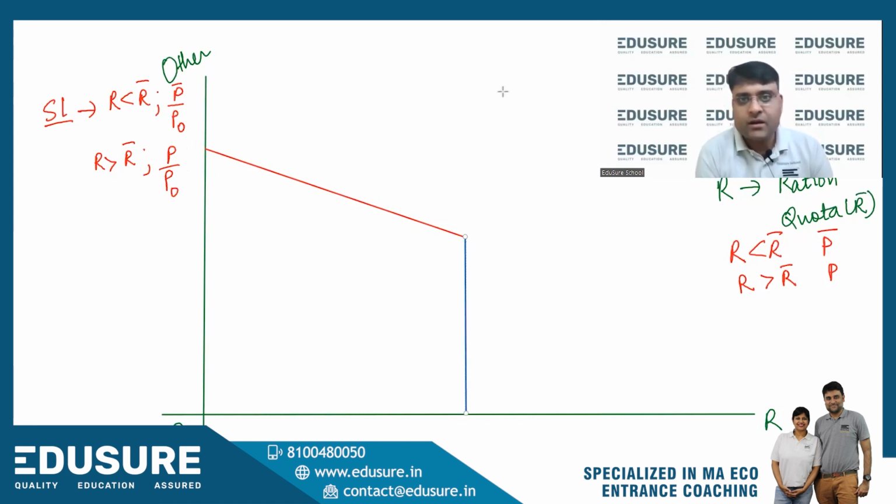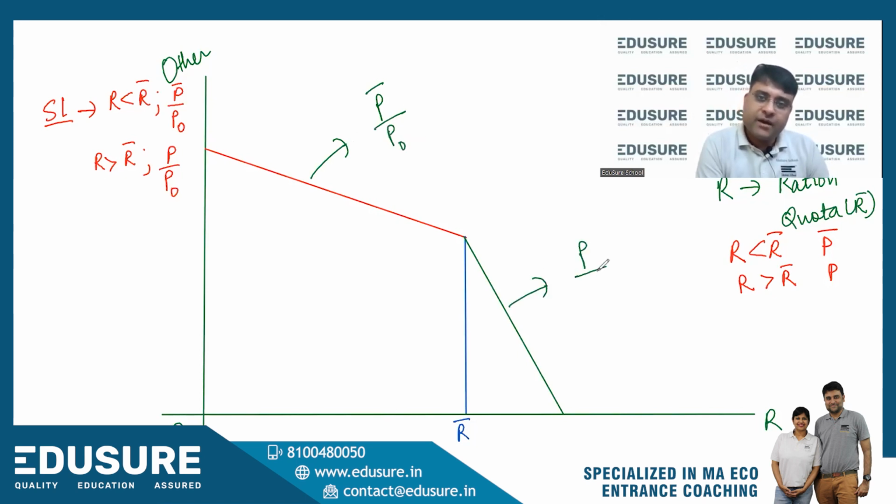Till R bar, this is how the slope will look. After R bar, I need to pay a higher price for rice. So this is how the budget line will look. Here the slope is P bar by price of other good. Here the slope is P by price of other good, where P bar is the price of rice in the ration shop and P is the price of rice outside the ration shop.